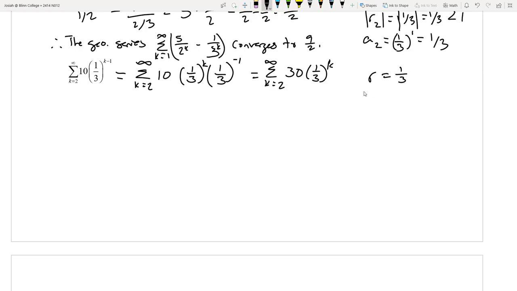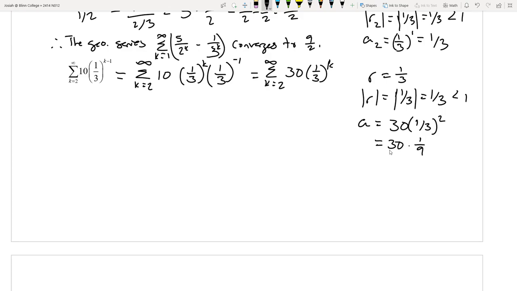So r is 1/3. The absolute value of r is 1/3, and that's less than 1. So this guy is going to converge, so we do have to figure out what a is. We plug in 2 here, that's our starting index. So 1/3 squared, that's 30 times 1 over 9, and so we get 10/3 as our first term.